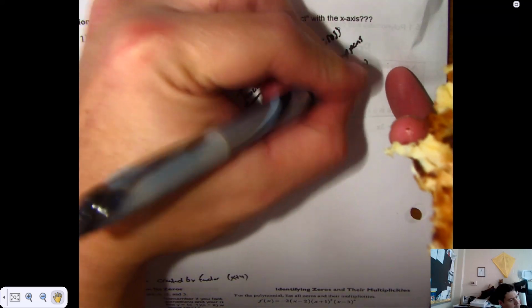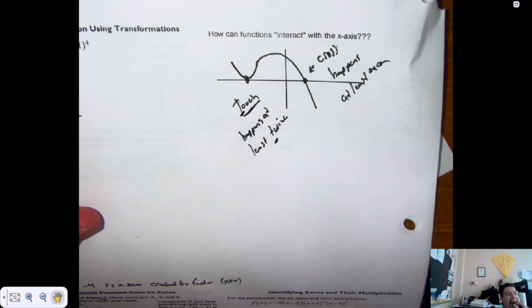A cross happens at least once. Anybody remember talking about that last year? We did. Even last year it was talked about for a long time.